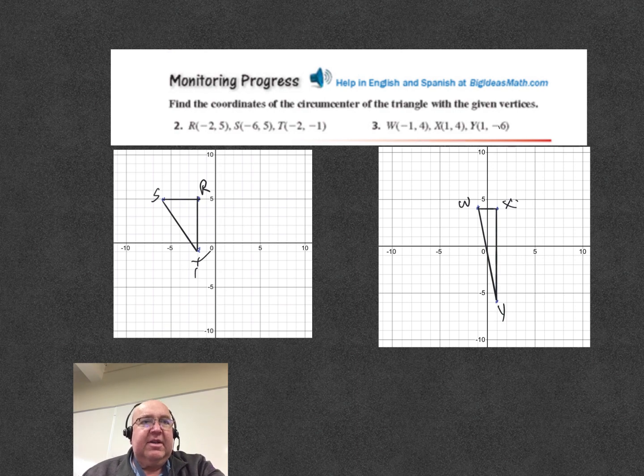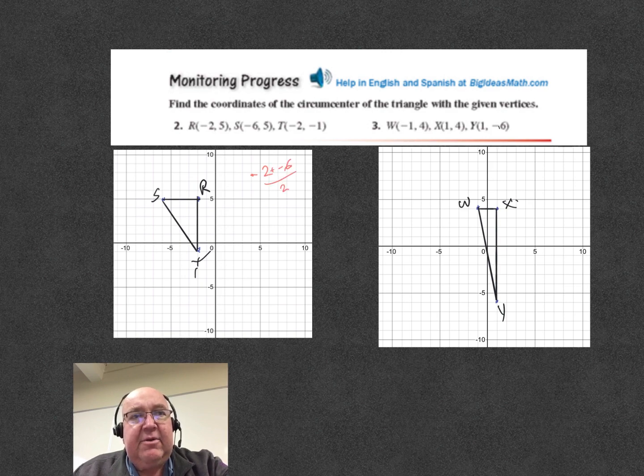So here we have a couple of triangles. The one on the left has -2 and 6 for the x-values of R and S, and 5 for R's y. So what we're going to do is add those -2 and -6 together and divide by 2, and we're going to get x equals -4.